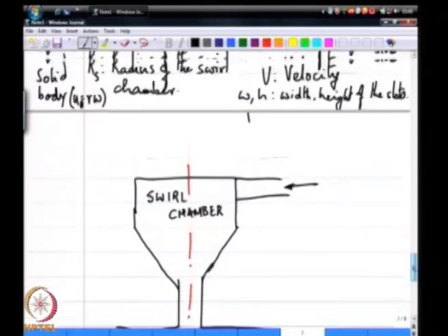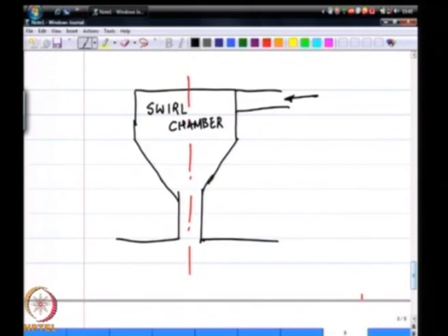So, if I were to draw a control volume around this part and do an angular momentum balance on this, because we are looking at an inviscid flow, the walls are not exerting any kind of a torque on the fluid.